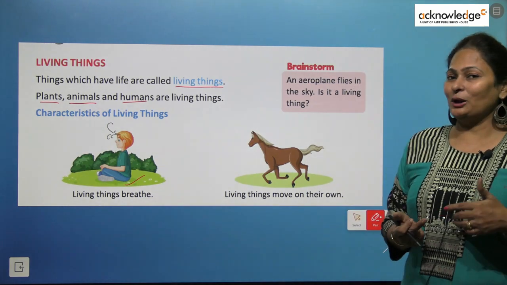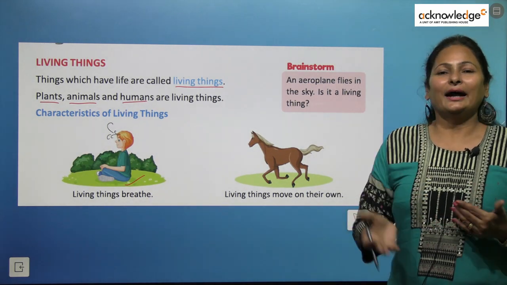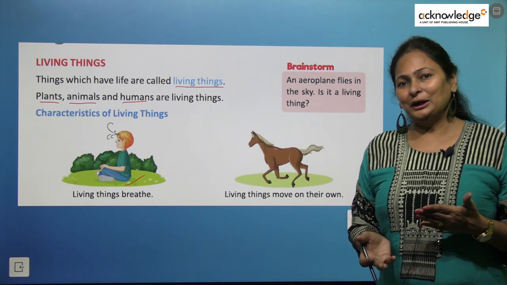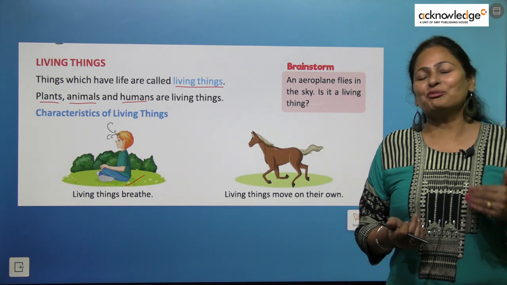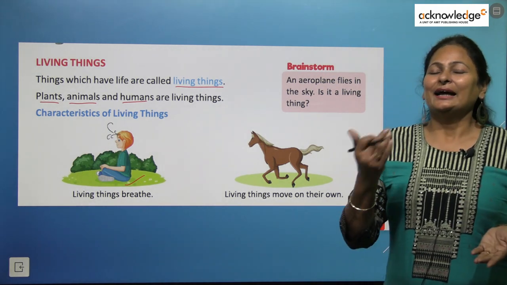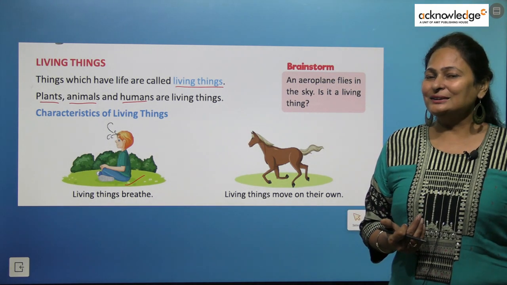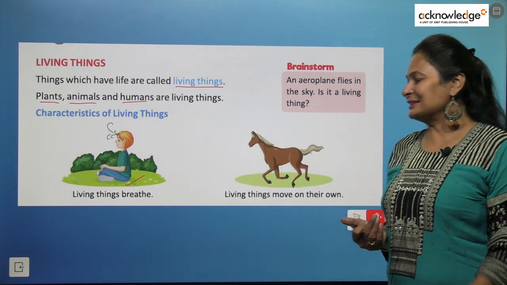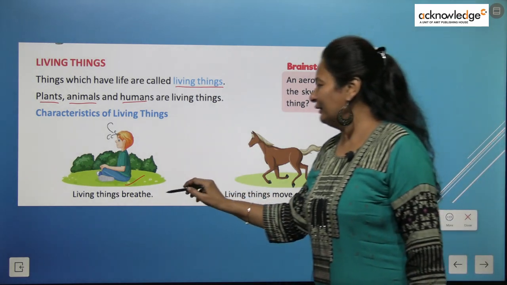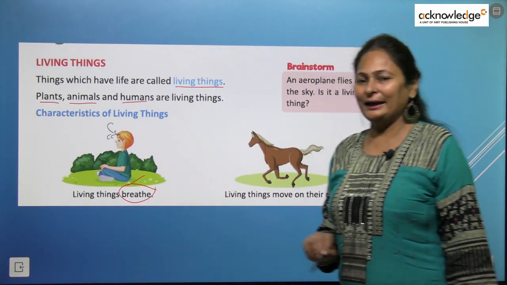Animals also inhale oxygen and exhale carbon dioxide. But it is reverse in the case of plants. Plants take in carbon dioxide and they give out oxygen, right? So all living things breathe.